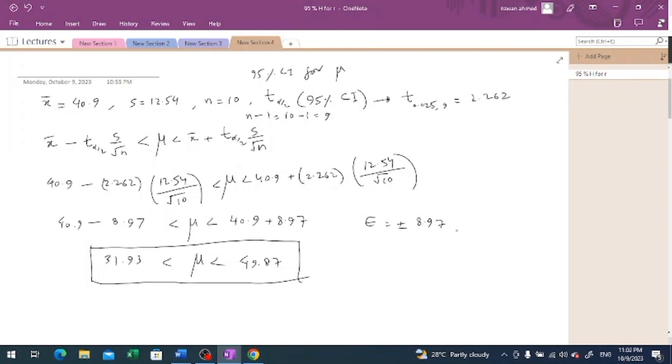Now, what if we would like to reduce margin of error in estimation? And for this purpose, we need to draw a greater sample size or work with the greater sample size. And the formula for n in that case would be this one.